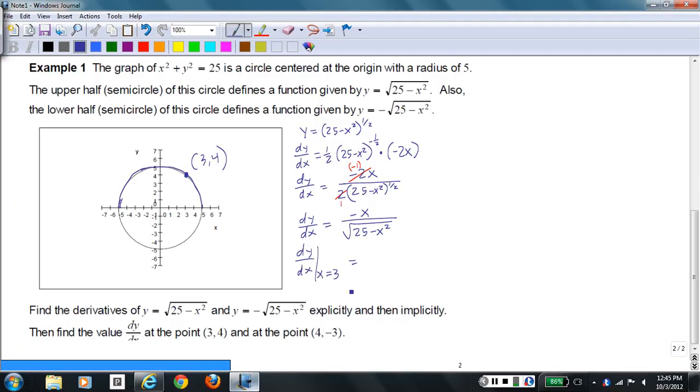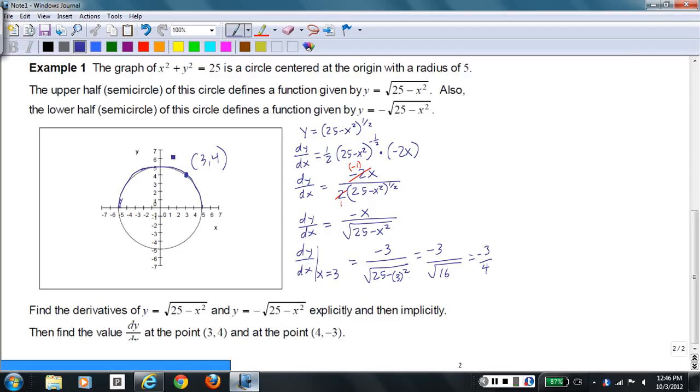It's kind of awkward notation, but sometimes we need to specify just the x, sometimes both variables, so we usually do it like this. This will be negative 3 over the square root of 25 minus 3 squared. That's negative 3 over the square root of 16, which is negative 3/4.